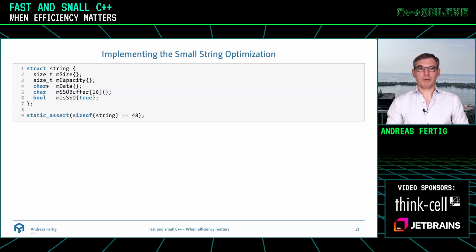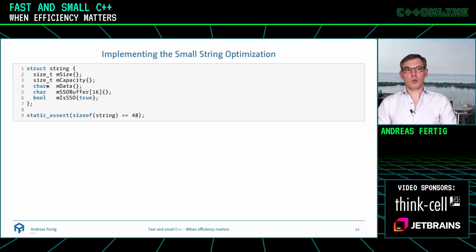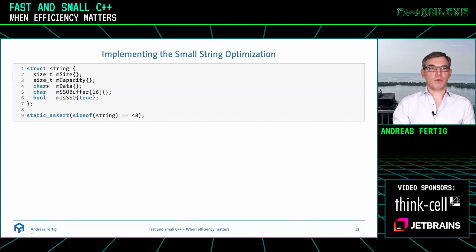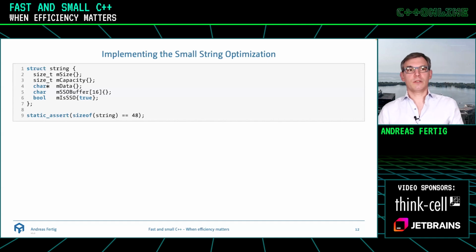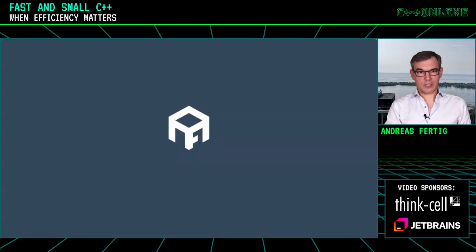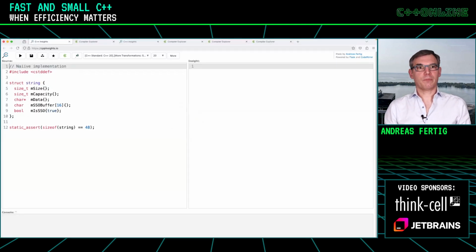That's a rough implementation. If I check that one on my 64-bit architecture, it has 48 bytes in total. Well, C++ Insights can shed some light on what this is here. So we have the transformation enabled, show padding information.